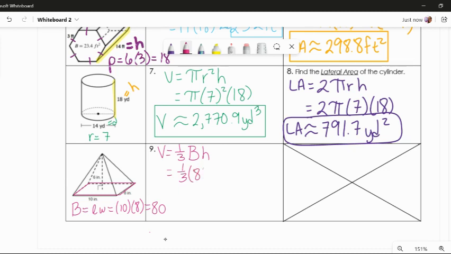We now said it was 80, and we need to multiply it by the height of the pyramid. Now remember, regular height has to drop in perpendicular to the center of the base. And so this 6 that they gave us is the regular height. And so I can drop that in. I'll put all that in the calculator, and I get that my volume equals 160 inches cubed, or cubic inches.